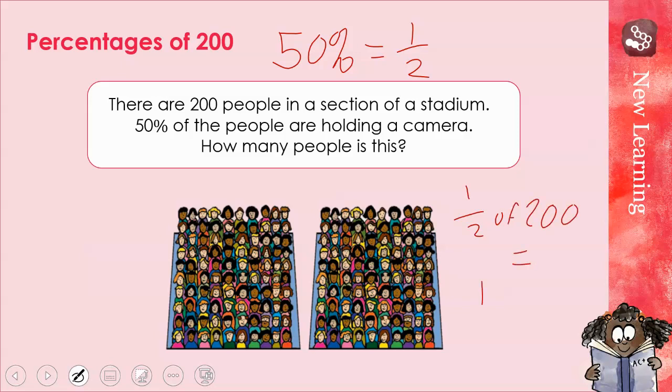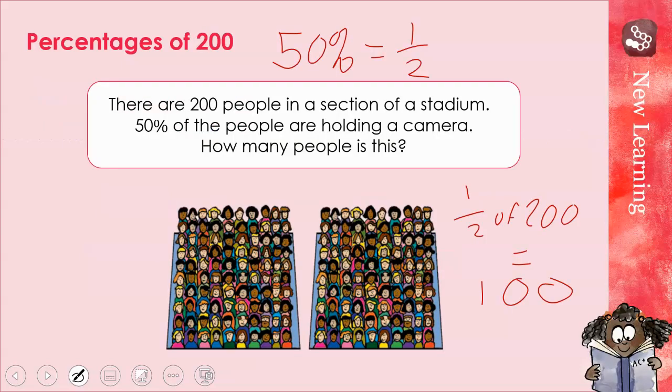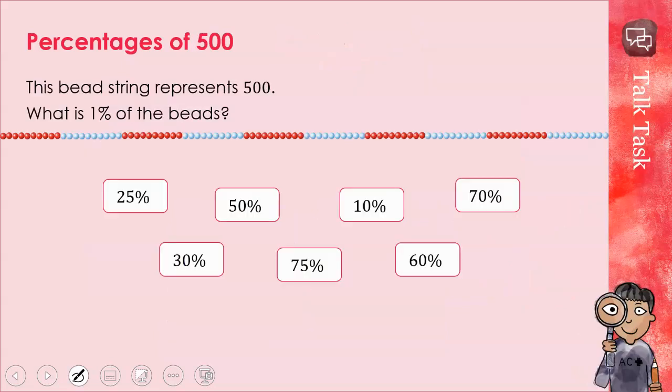Again, the answer is 100. Different ways of working out the same thing. In questions, have a look at the percentage and try and remember if it is one of those common percentages that we learnt about last week.